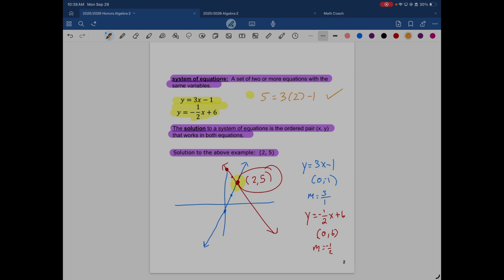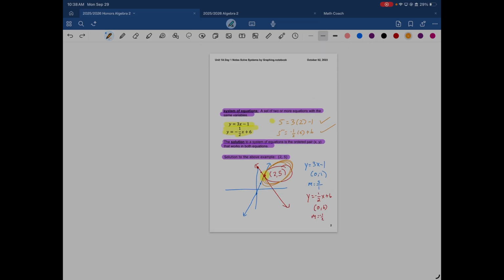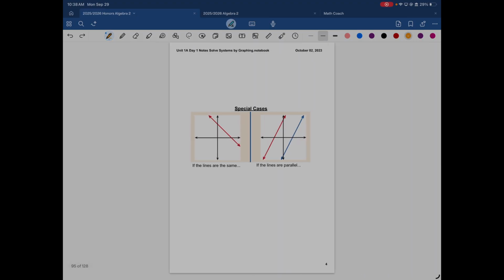That works. 5 is also equal to negative 1/2 times 2 plus 6. Negative 1 plus 6 is 5. It works. So that's what we're looking for. We're looking for a solution that works if I plug it into both of those. And it does. Right?